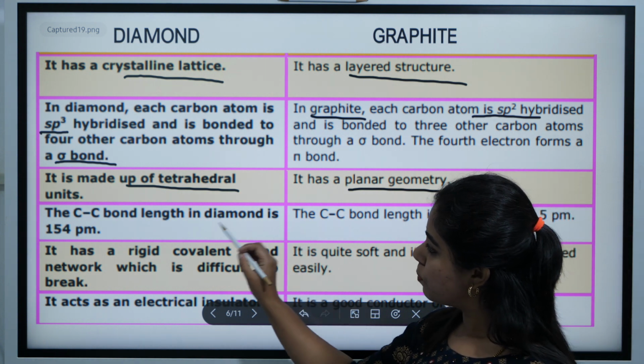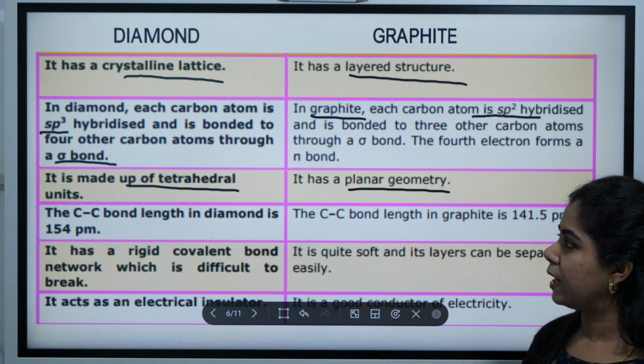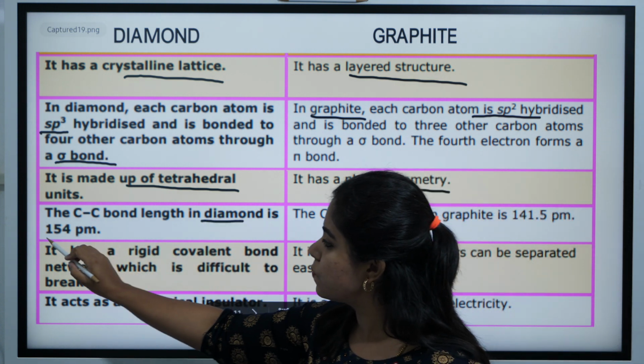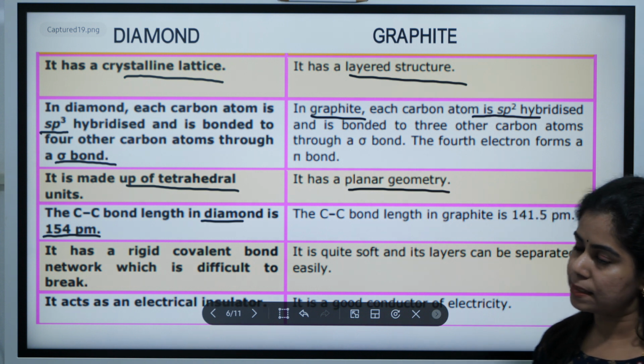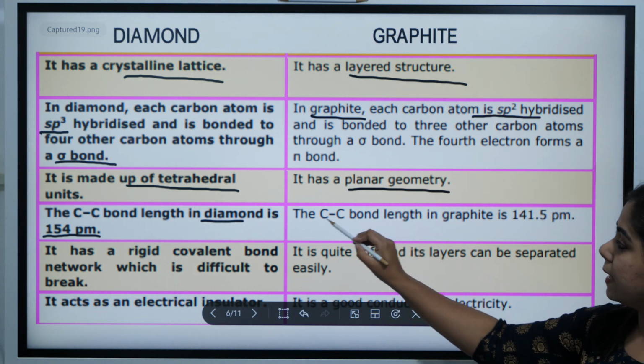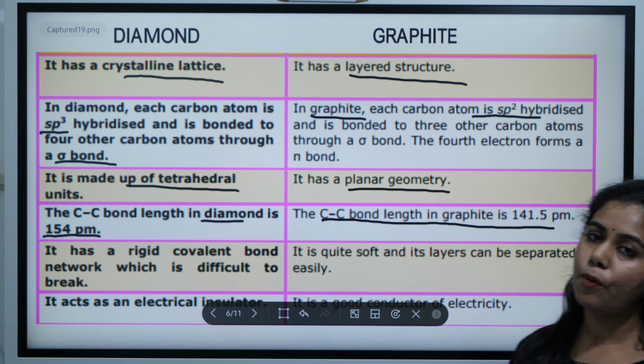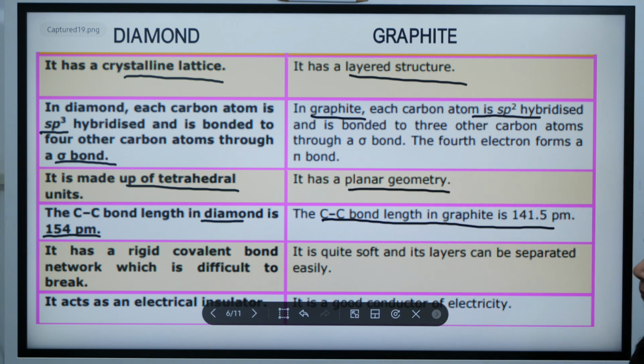If you look at the carbon-carbon bond length in these two crystalline forms, in diamond it is 154 picometer, whereas in graphite it is 141.5 picometer.